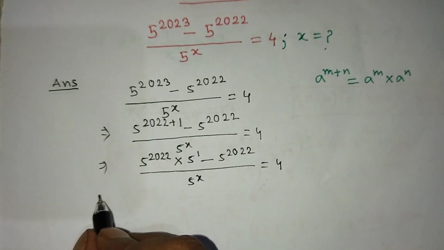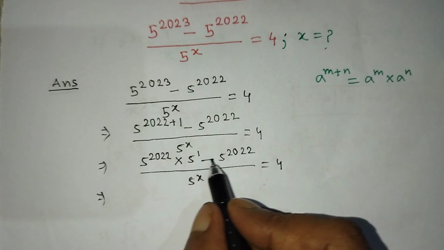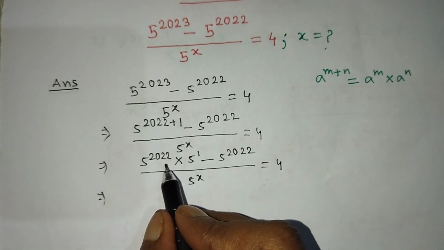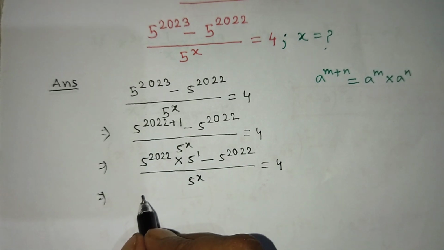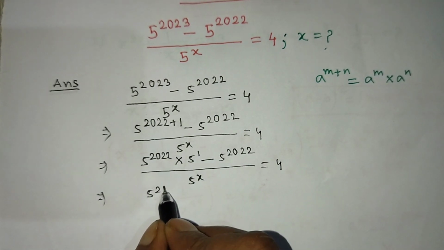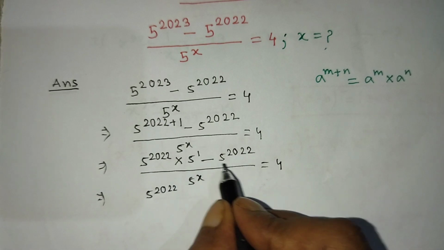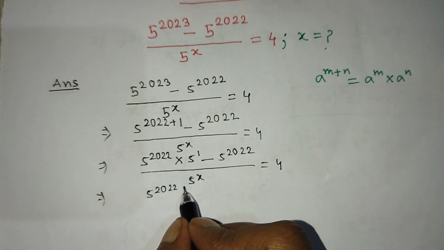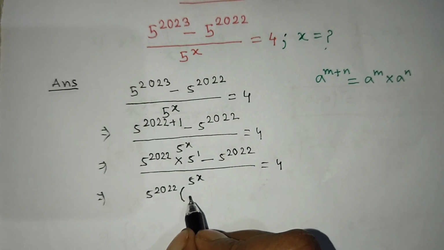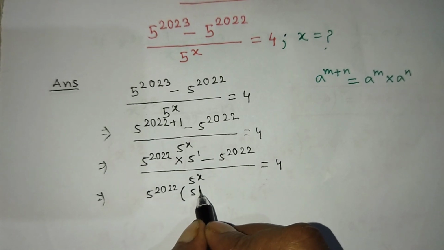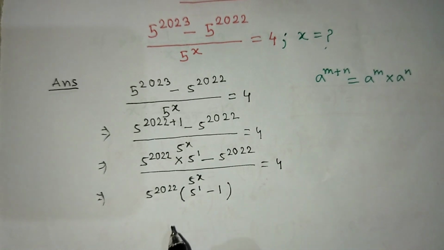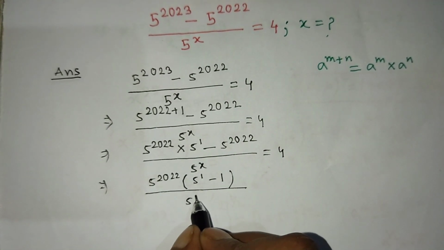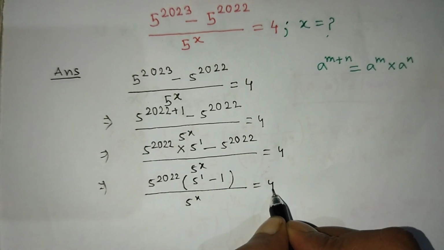So student, after that in both terms 5 to the power 2022 is available. So we have to take common 5 to the power 2022 from both terms. So we have to write 5 to the power 2022, and inside the bracket 5 to the power 1 minus 1, divided by 5 to the power x is equal to 4.